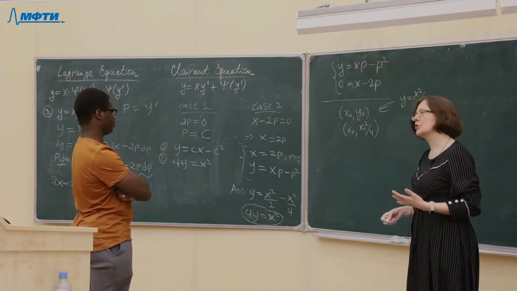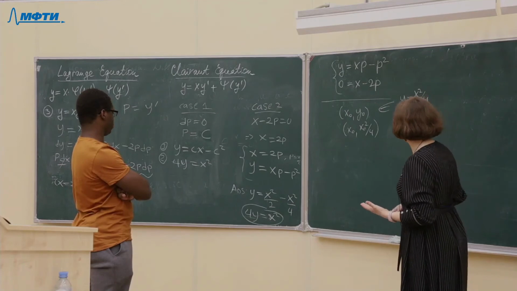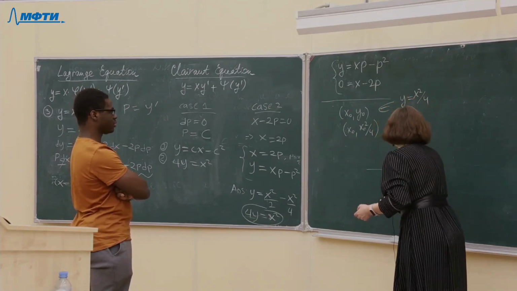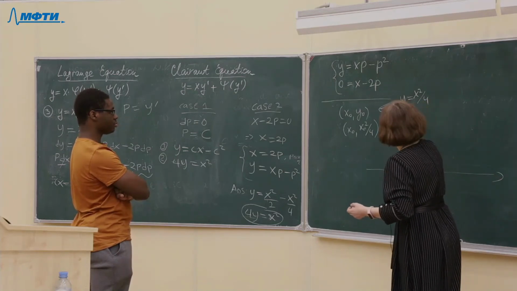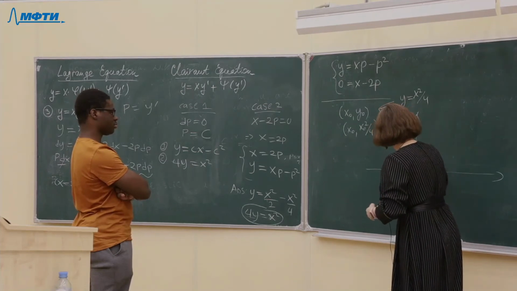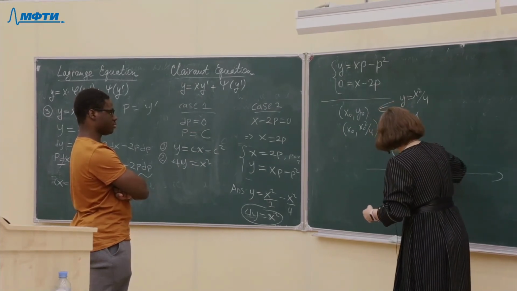And to do this, we should find c, right? So this is a curve, x0. Maybe I will draw the figure. So it's y equals x squared over 4. This means that this is a parabola.